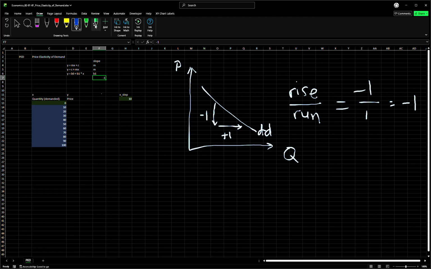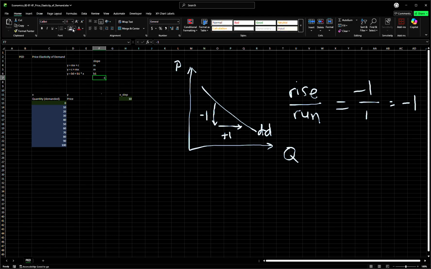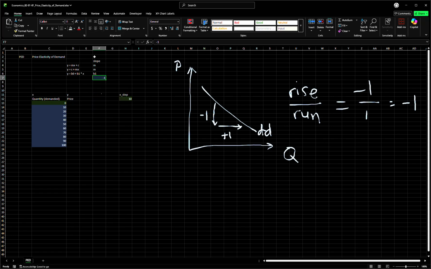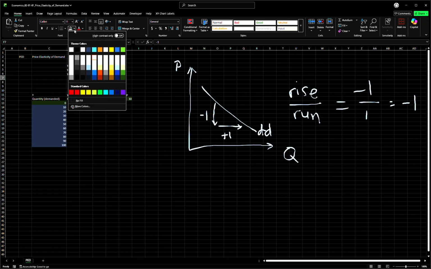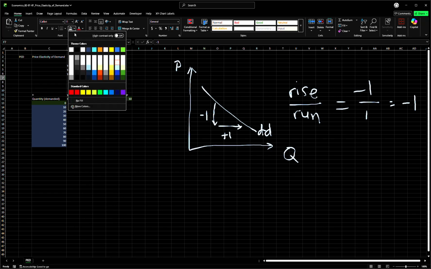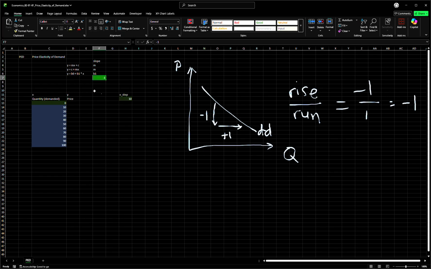Because this line, all the way here, is going to cut at 100. And then this is probably going to cut at 100 also later, right? But this is the intercept, so this is c, or the price at which nobody's going to buy your good.